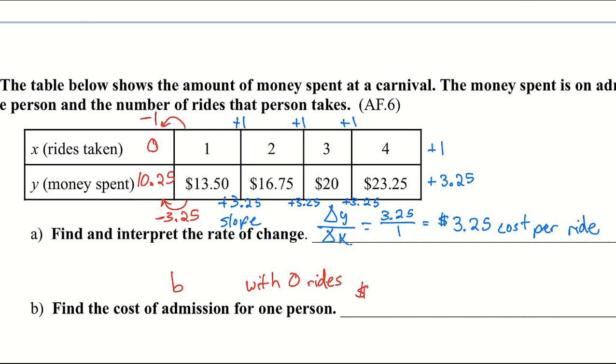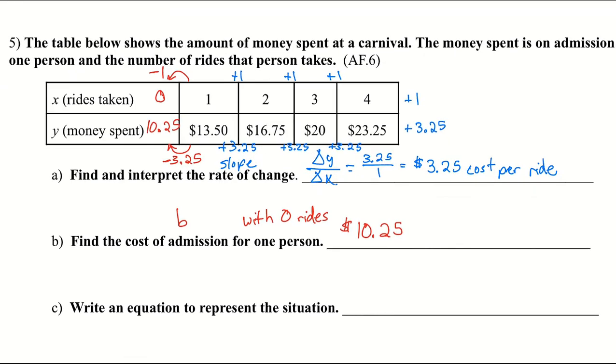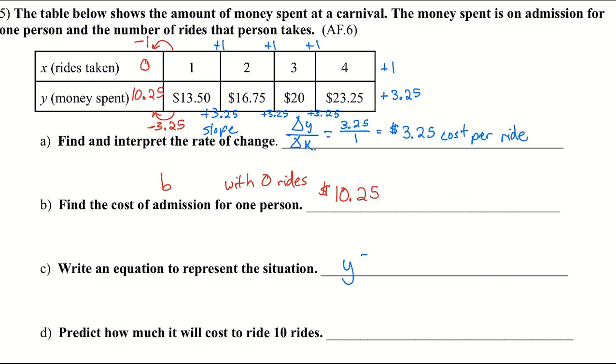So that's going to be $10.25 just for the admission. And then I'm going to put those two together in my equation, y equals mx plus b, m being the slope, so $3.25 times x, plus my $10.25, which is my y-intercept.